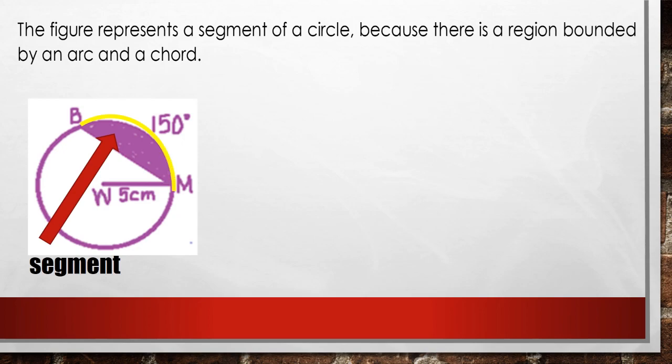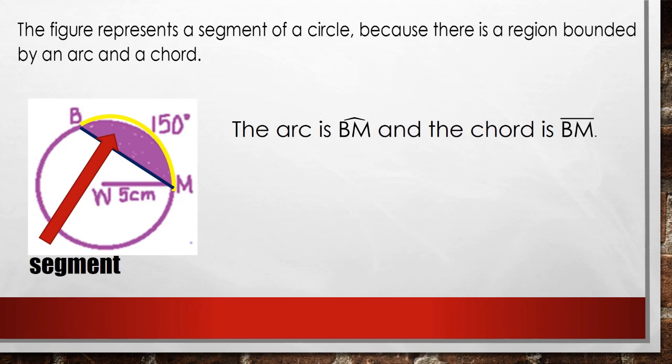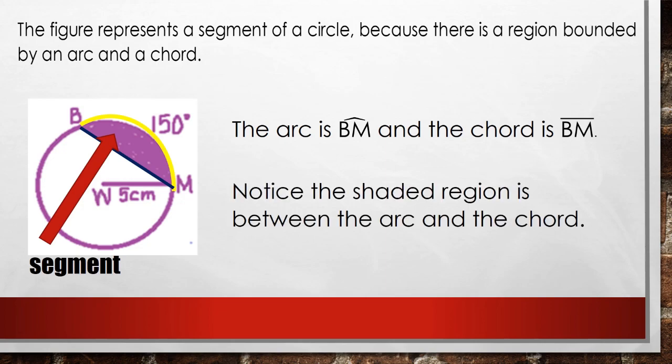And that's the arc and especially the chord. The arc is arc BM and the chord is segment BM. Yun ang hahanapin nyo para sa isang segment. The shaded region is between the arc and the chord.